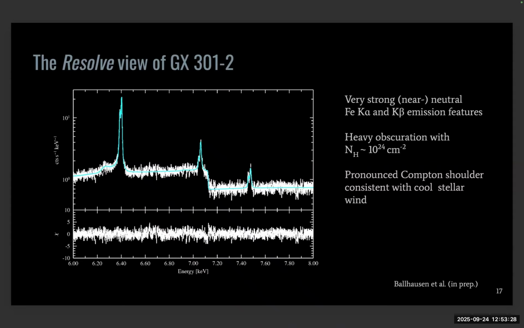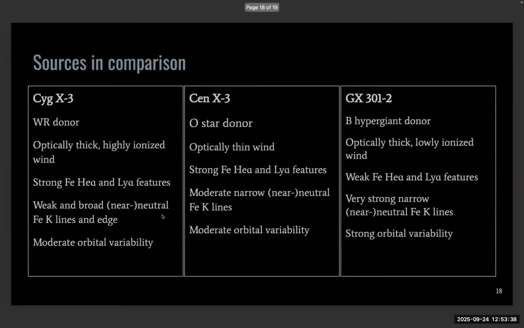And right now we're comparing this with our photoionization calculations to see how these temperatures line up in a photoionized wind. So I think I'm running out of time, so I'll leave my summary slide up, and I'm happy to take questions.